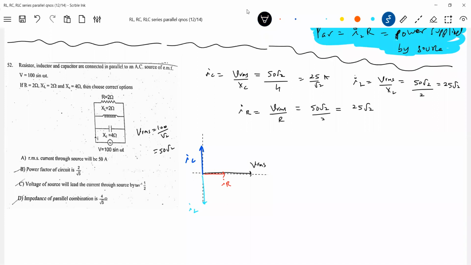So we have here the X component. X component is IR, which is equal to how much? 25 root 2. For the Y component, which will be greater, IL or IC? I think IL is greater than IC. So I'll take IL minus IC: 25 root 2 minus 25 by root 2.